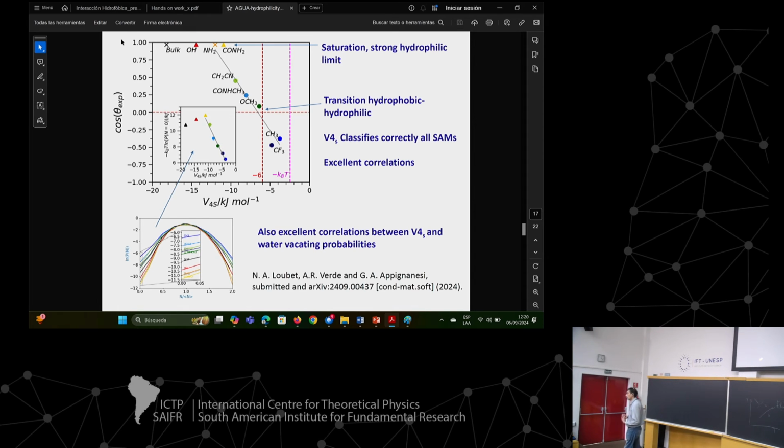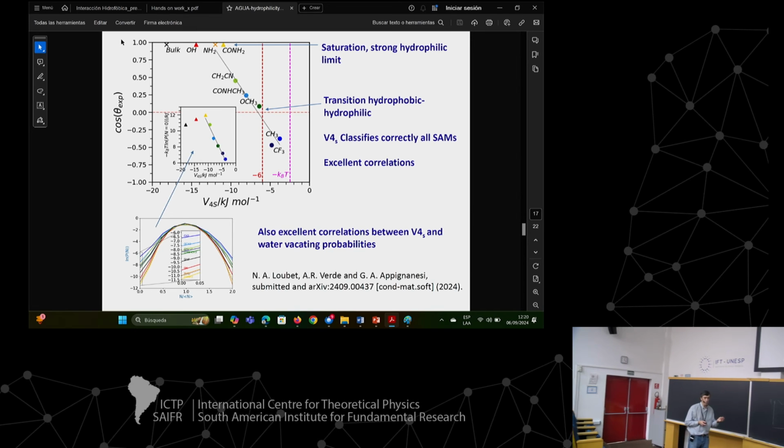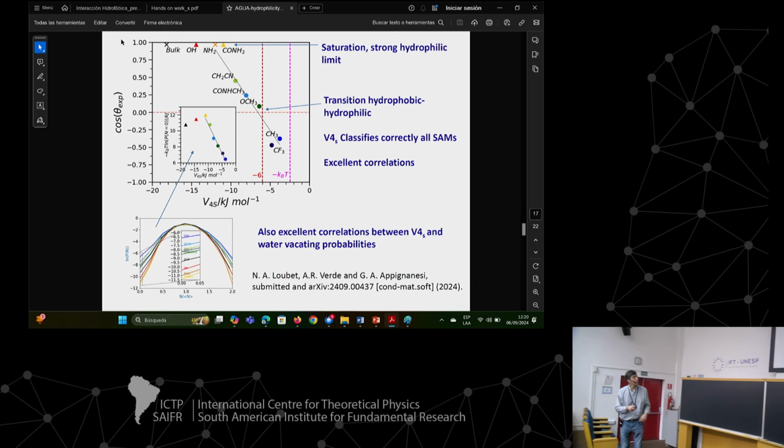And this tells you that you can indicate what's going to happen if you make calculations of the structure of water.